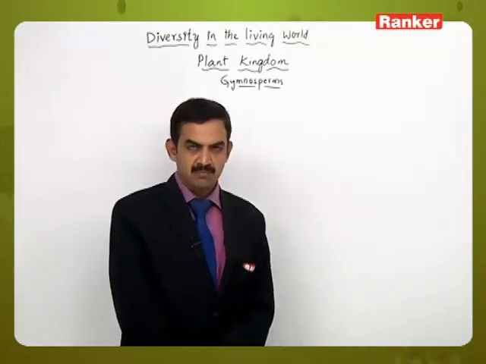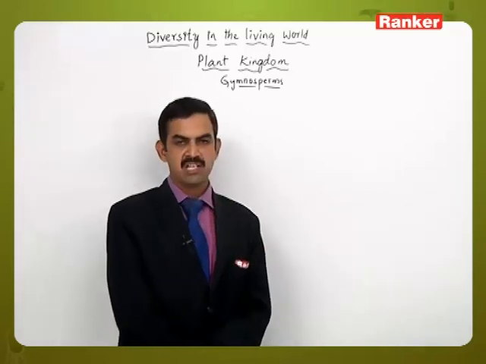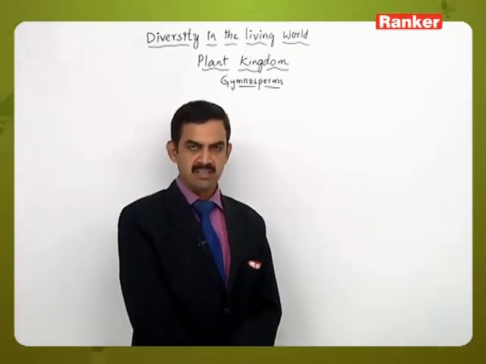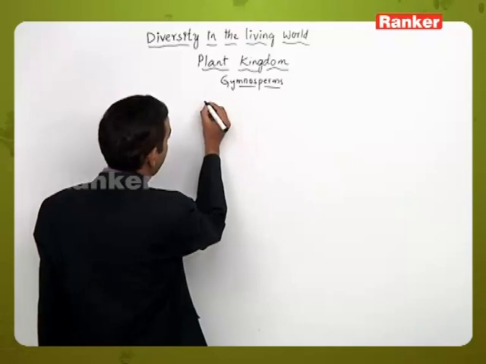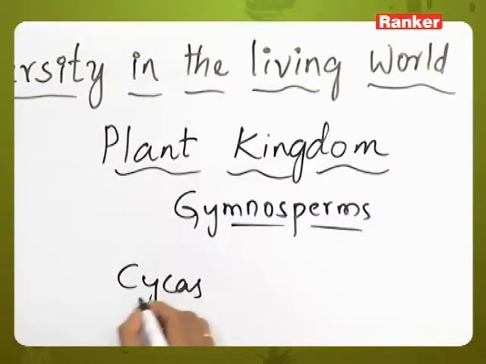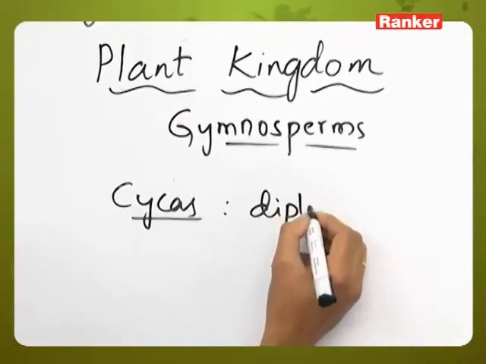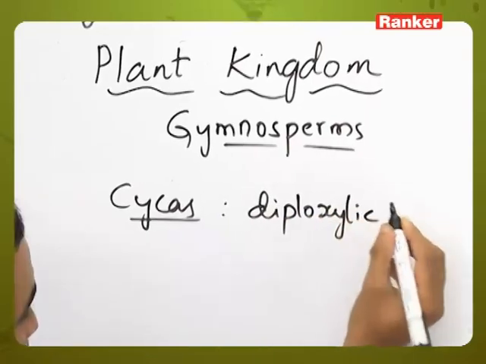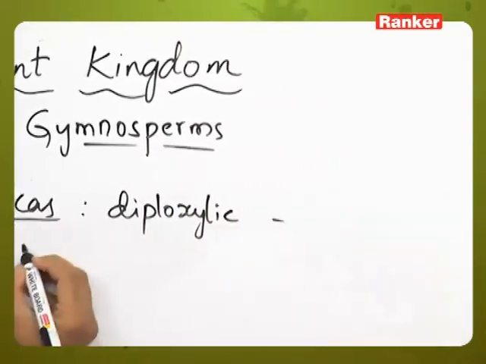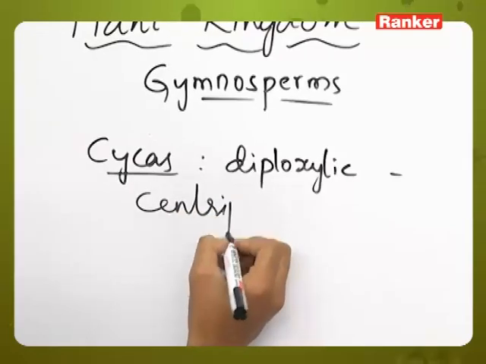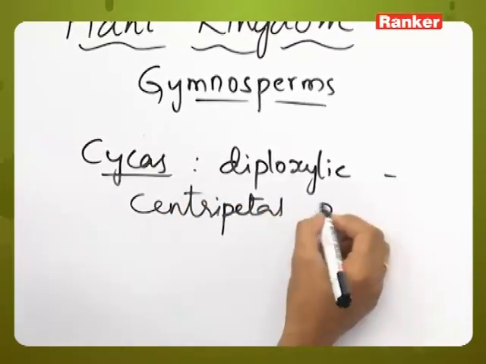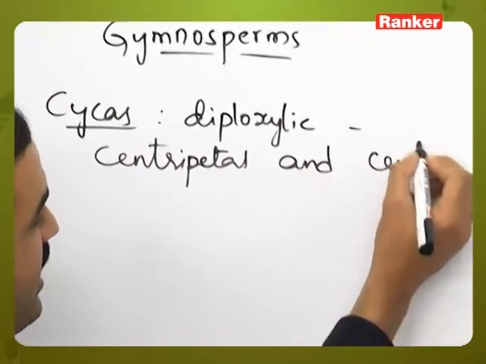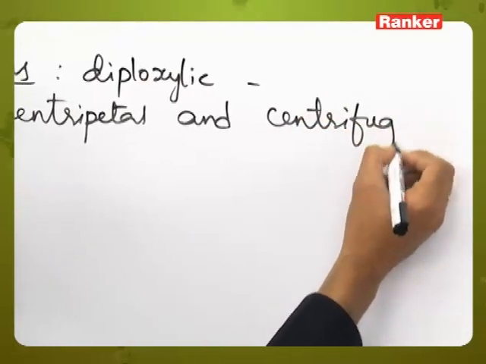Not only in the stem, similar types of tissue can be seen in other parts like the root and the leaf. Here in some members of Gymnosperms like Cycas, diploxylic condition is present. Diploxylic means the presence of two types of xylem. One is called centripetal xylem and the other is centrifugal xylem.